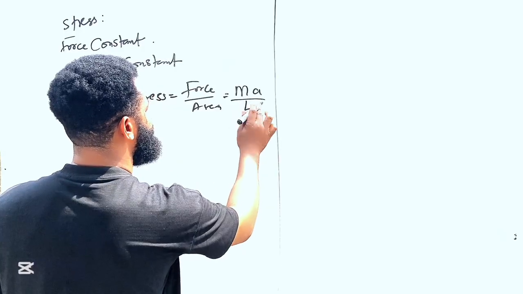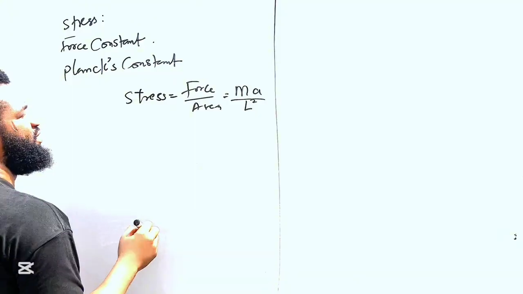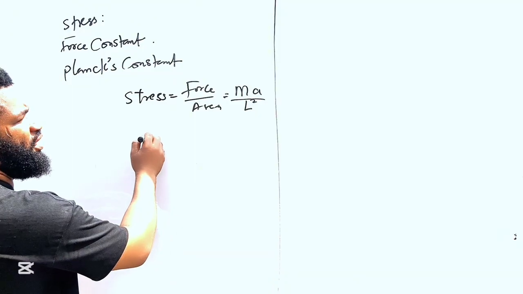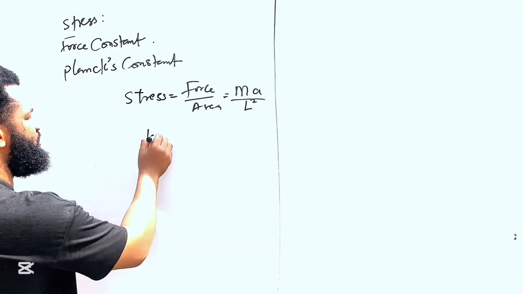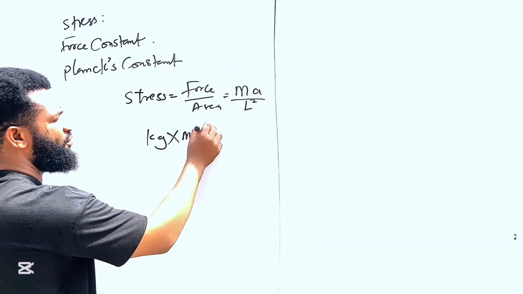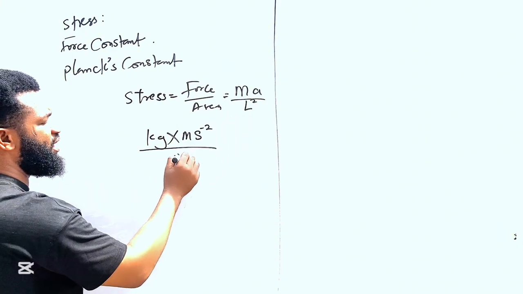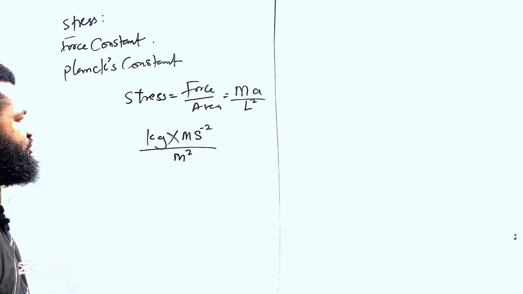So mass is given as kilogram, acceleration is given as meter per second squared, while area is given as meter squared. All right, so this is the base unit.